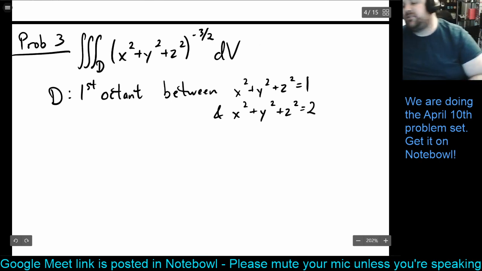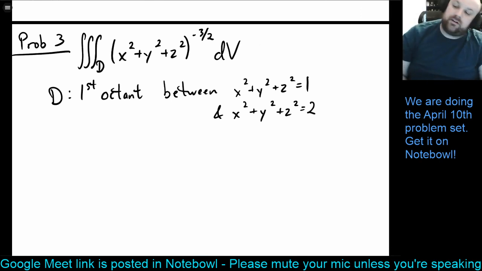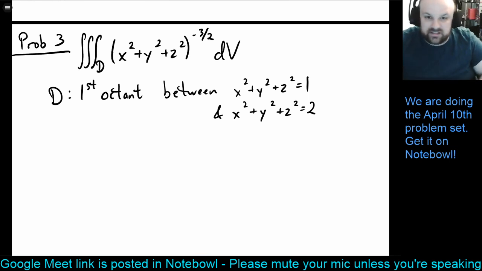Right? So we're saying between the two spheres of radius 1 and 2 centered at the origin. The fact that this problem has a whole bunch of spheres in it sort of screams use spherical coordinates. So let's go ahead and do that.